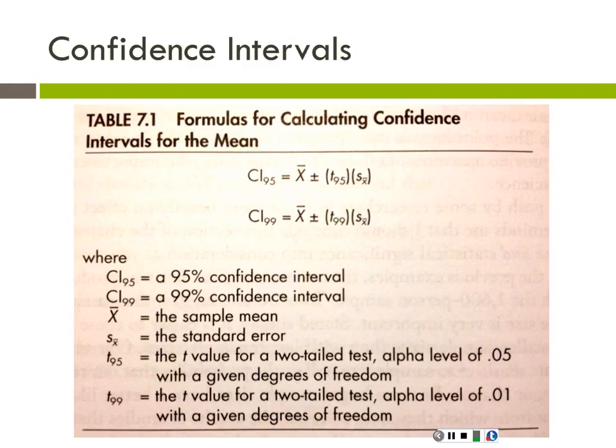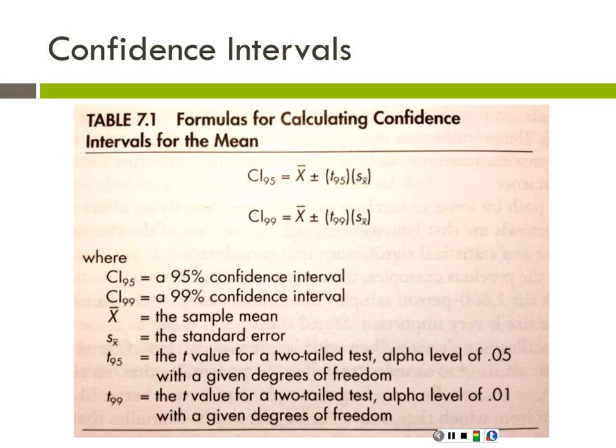This is the t-value associated with a two-tailed test with our degrees of freedom and a specified alpha level. Let's walk through that a little more. For a 95% confidence interval, you'd use this one. If you wanted to establish a 99% confidence interval, you'd use this one.